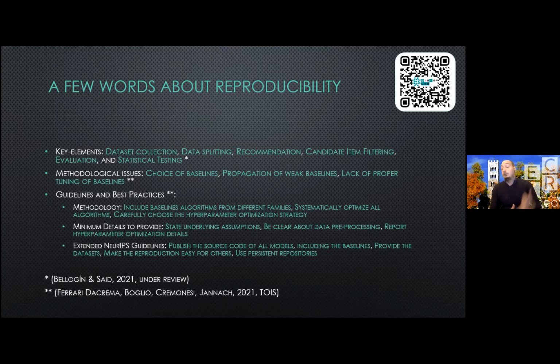So all the assumptions that we use, we should be really clear about the pre-processing steps, and we should report the hyperparameter optimization details. Even here, the problem is that very likely we have a lack of space in our papers. So even though we want to share our experiments with the reviewers, it is a problem, and we do not know how to do that in an easy way.